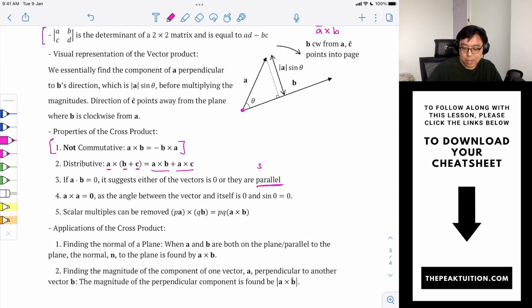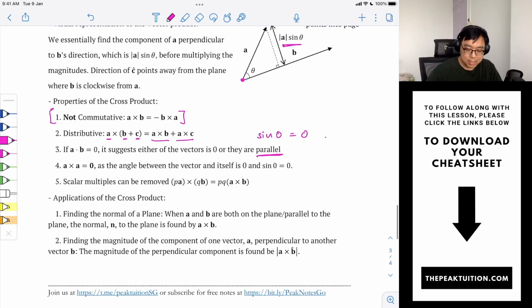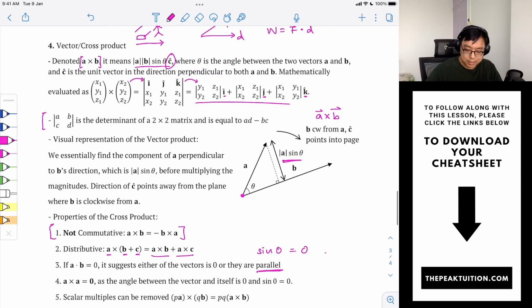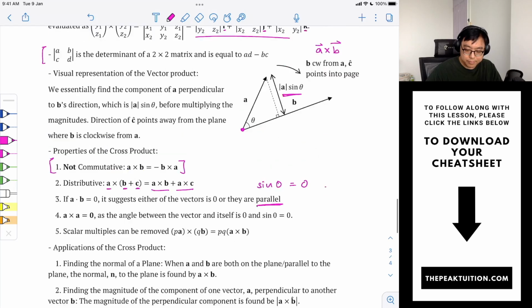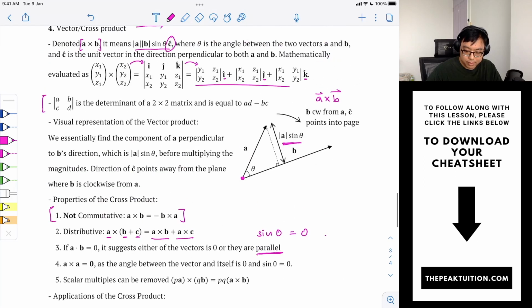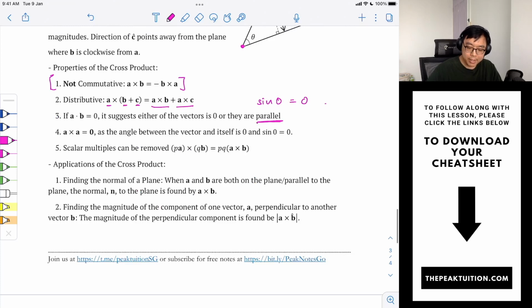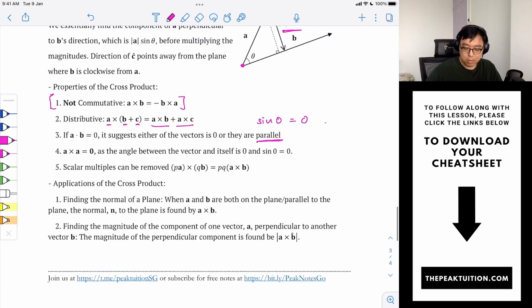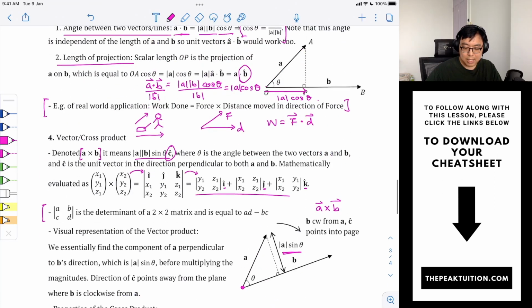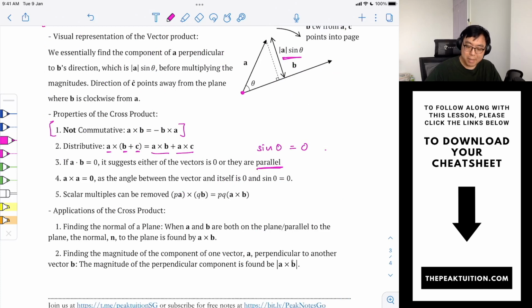Of course, mathematically you can also see that sine 0 equals 0. Okay, if they are parallel, then the angle between them is 0. So sine 0 equals 0. And finally, A cross A will be equal to 0 because there won't be any component of it that is perpendicular.